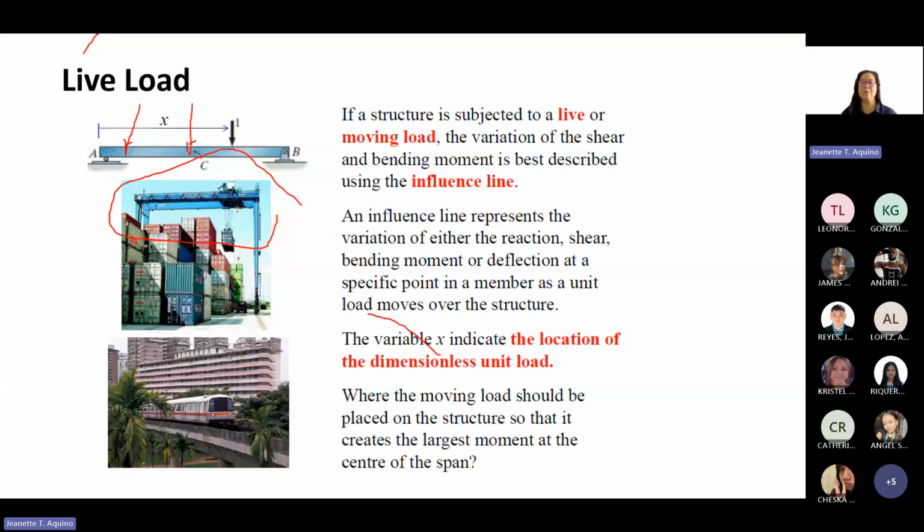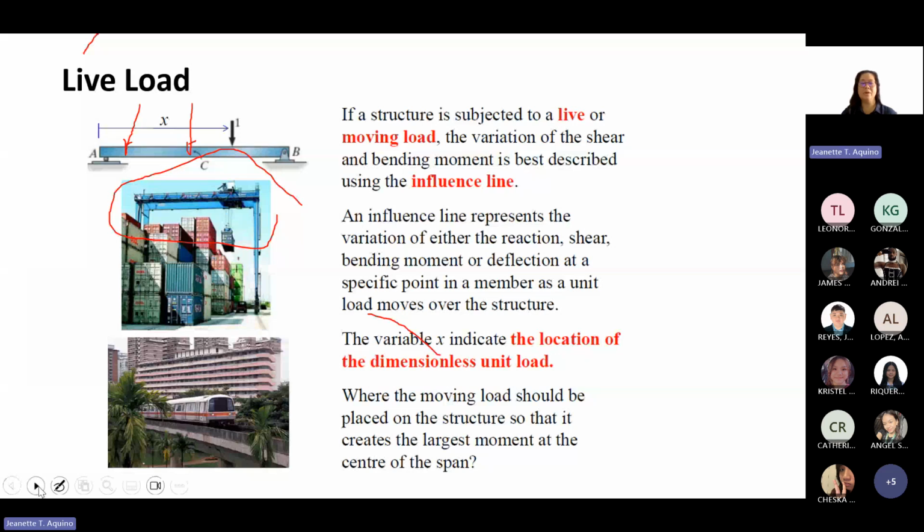You want to know where to put the load so that you have the maximum moment, maximum reaction, and maximum shear. Later on, we will find out where we should put the load.